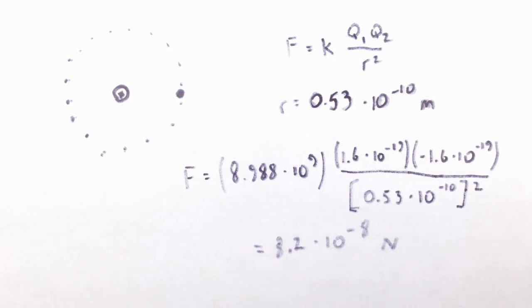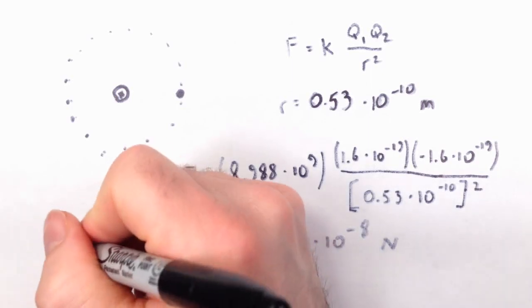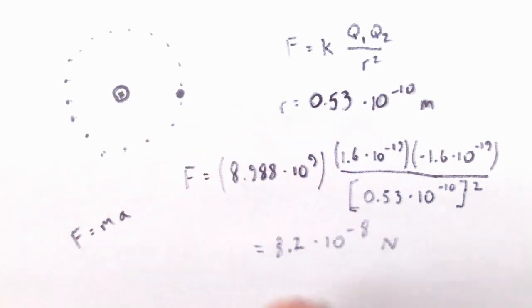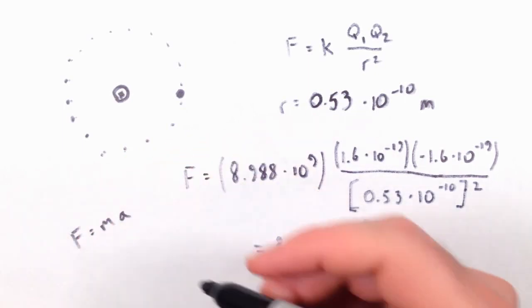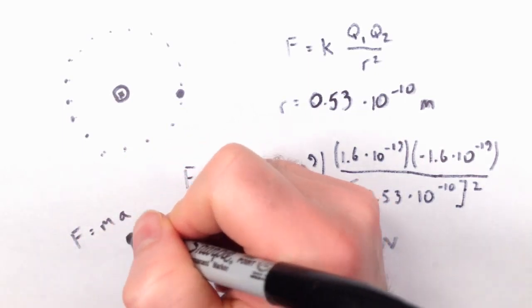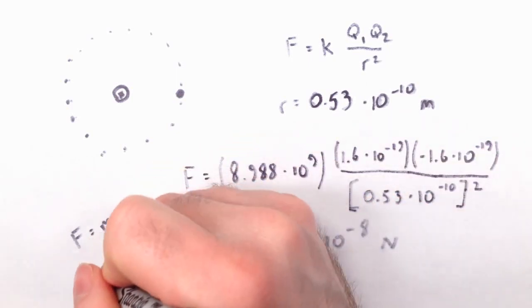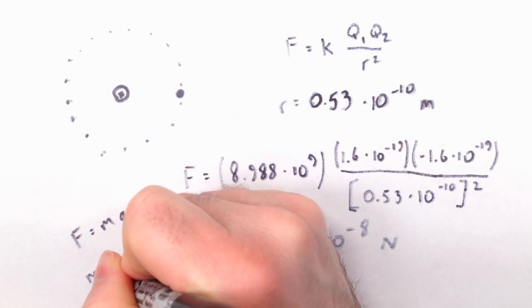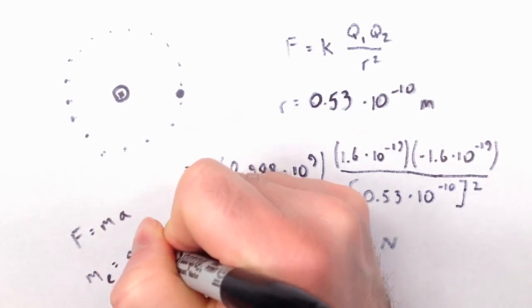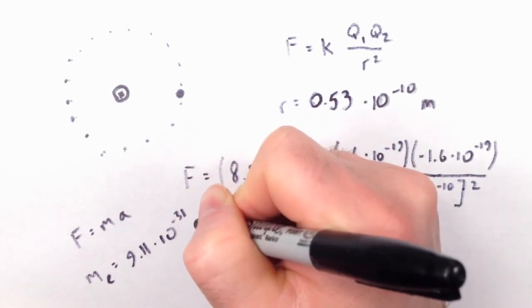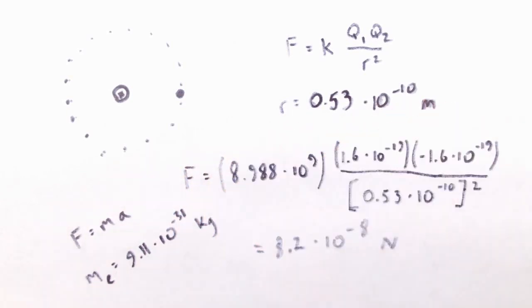But it's worth remembering that when we're talking about force equals mass times acceleration, the force on something very small can cause a great acceleration. The mass of the electron is 9.11 times 10 to the negative 31st kilograms.